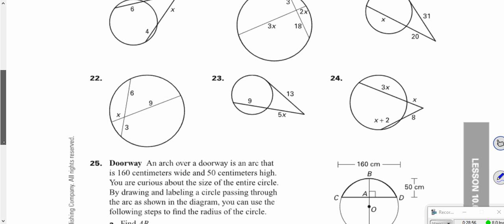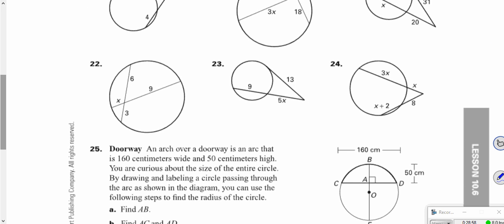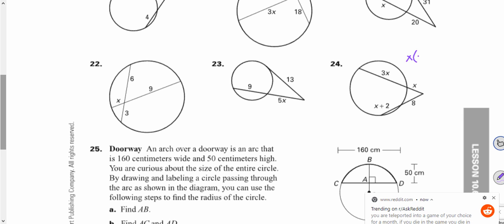Let's scroll down. Let's look at 24. Again, this is the secant segments theorem. So remember, it's external times the whole thing equals external times the whole thing. So this is x times x plus 3x equals 8 times 8 plus x plus 2.